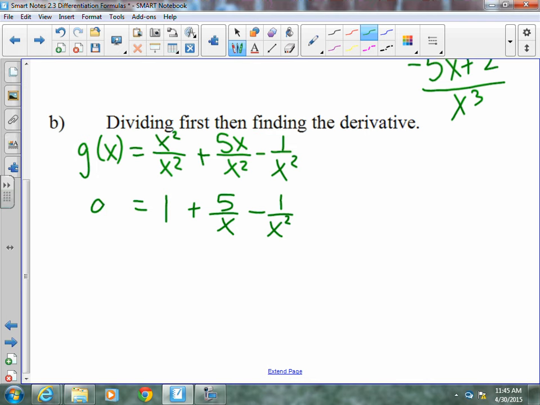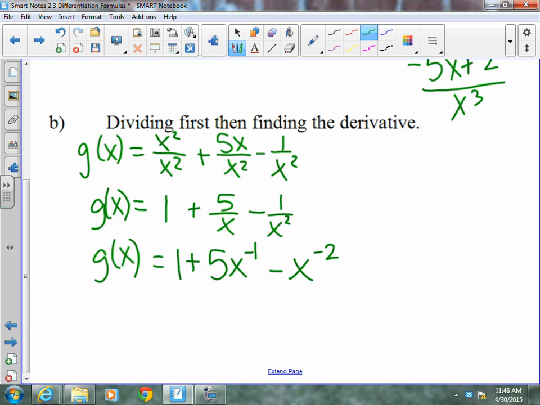I'm going to rewrite these slightly. I have not started to derive yet, I'm just getting ready. So, rewrite them all in the numerator. The derivative of 1, a constant, is 0, so I'm not going to put anything. The derivative of 5x to the negative 1 is negative 5x to the negative 2.